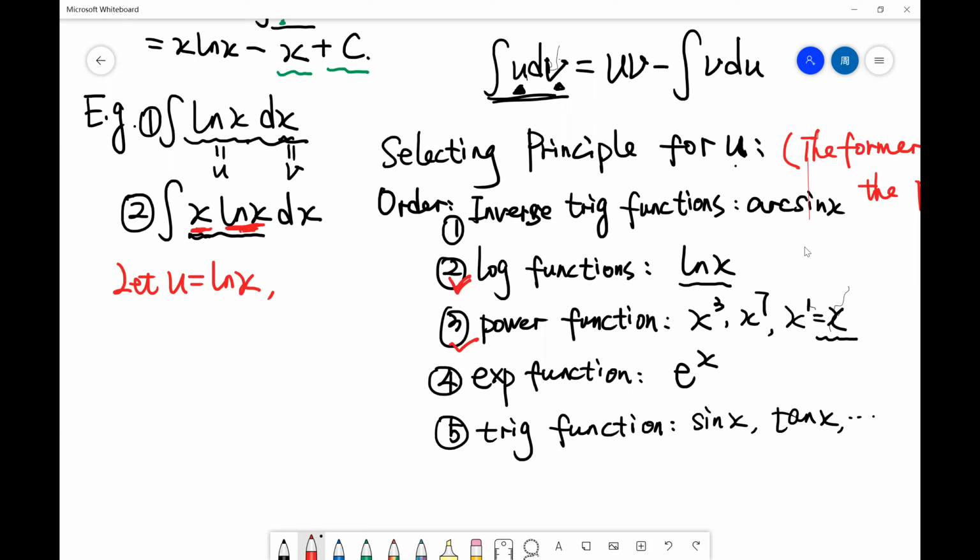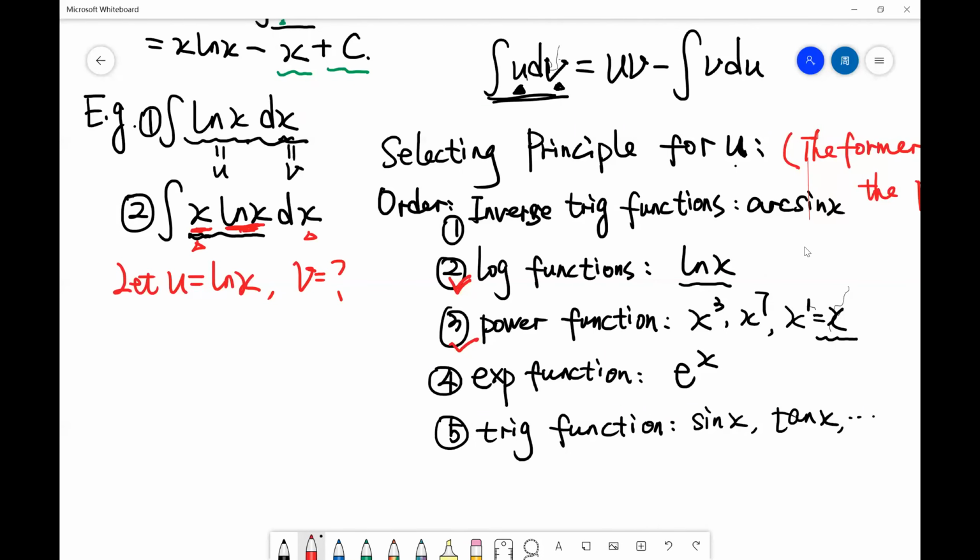Can you understand, guys? Okay, so that is why we choose ln x to be u. Then here is another question. We choose u to be ln x. That means which is v? Does v equal x?